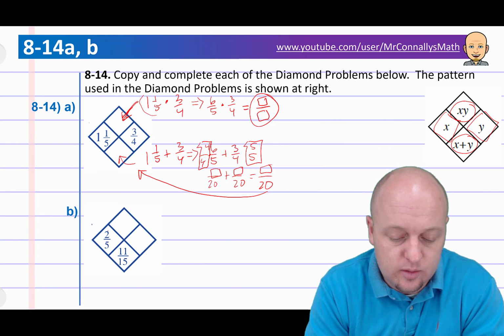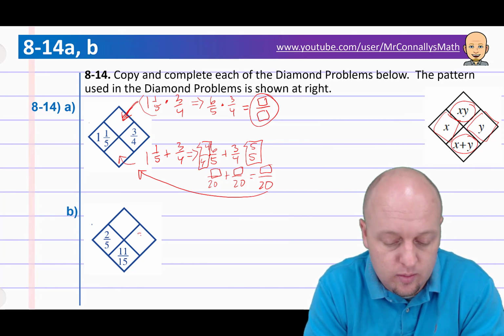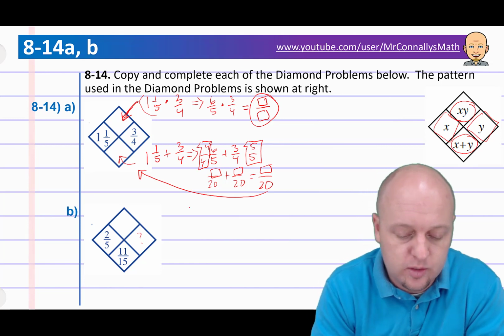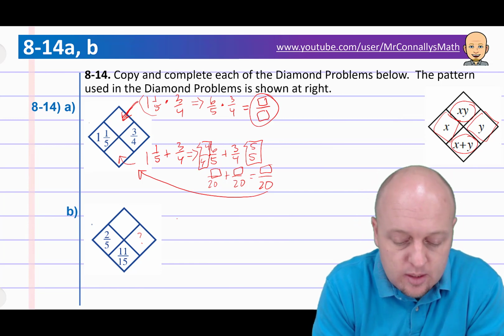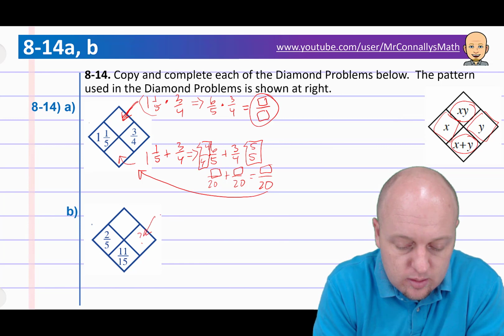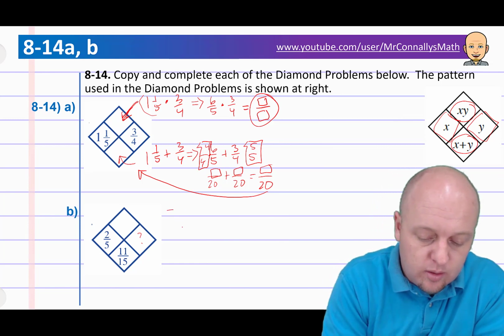2/5 is our first number, and then we don't know the second one, but we know their sum will equal 11/15. So that's like saying 2/5 plus y equals 11/15. Actually, let's do that work down here.